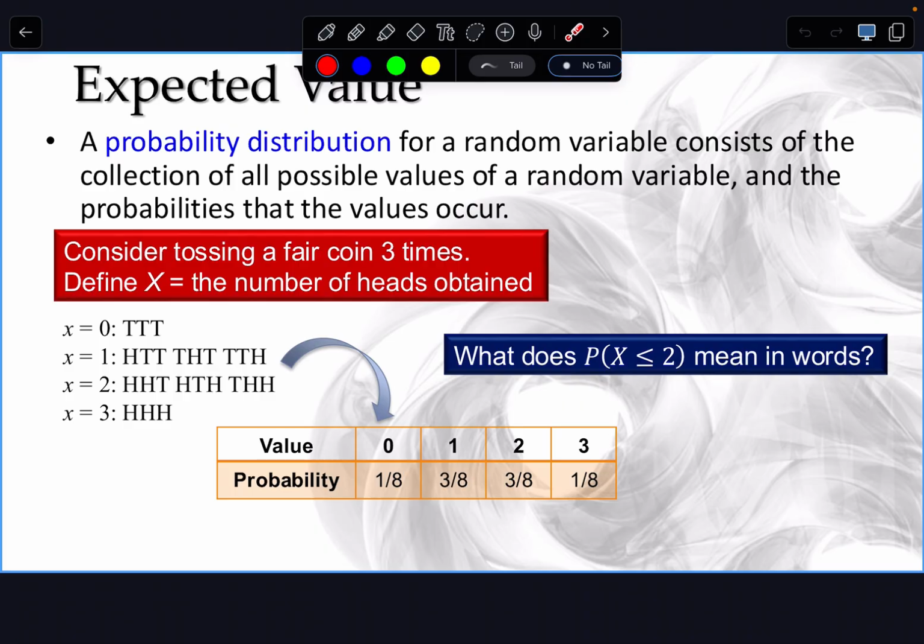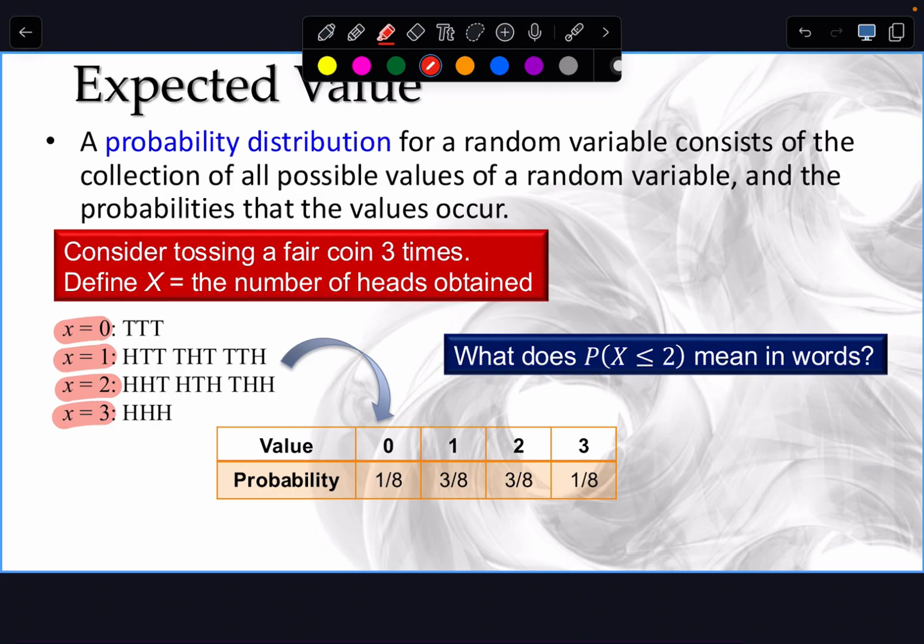So when I start to build my probability distribution, we look at the possible outcomes. So that's the X equals 0, X equals 1, X equals 2, X equals 3. So I could get 0 heads, 1 head, 2 heads, 3 heads. But then when I think about the sample space in question, those events are not all equally likely to occur. Getting 0 heads means I get 3 tails.